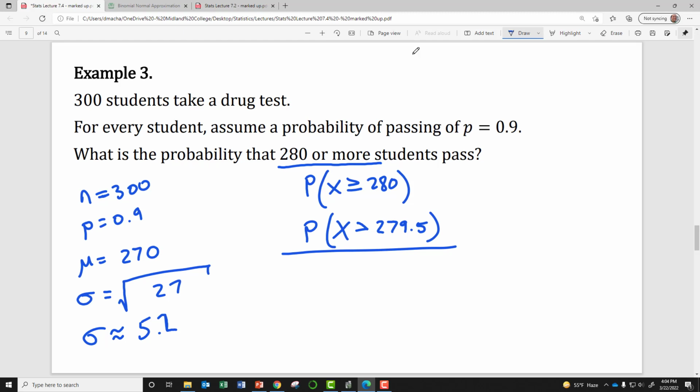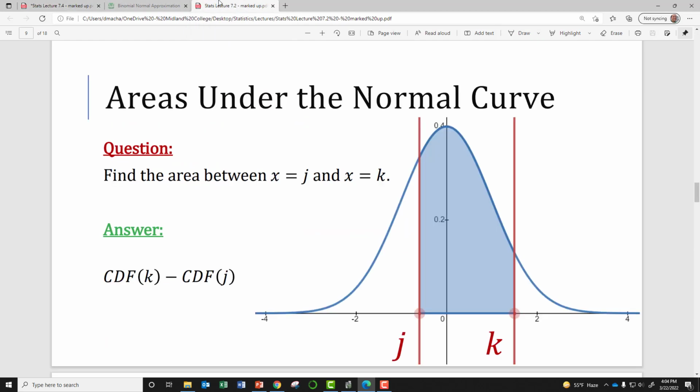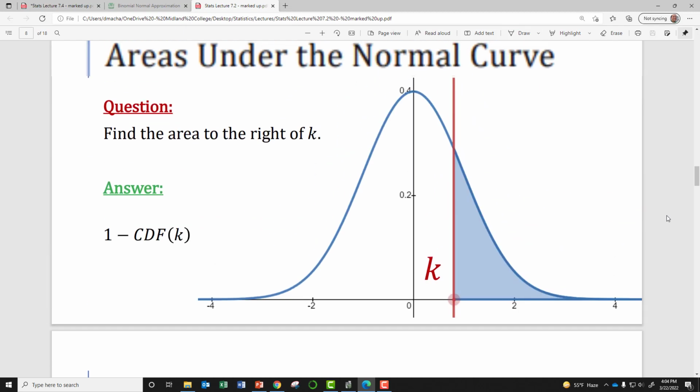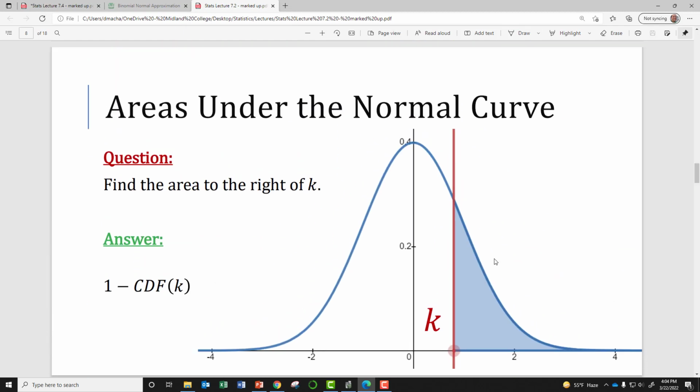But again, I'll reference my section 7.2 notes because I want the probability that we're greater than 279.5. So imagine finding this blue area under the curve that's greater than a certain point. The answer to this is going to be 1 minus the normal distribution cumulative distribution function evaluated at 279.5.